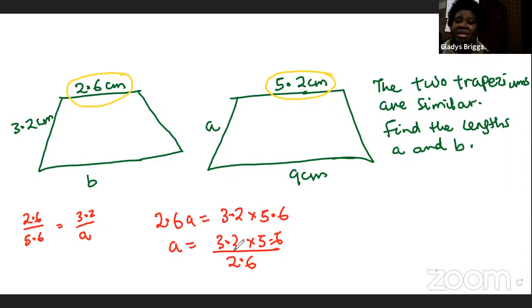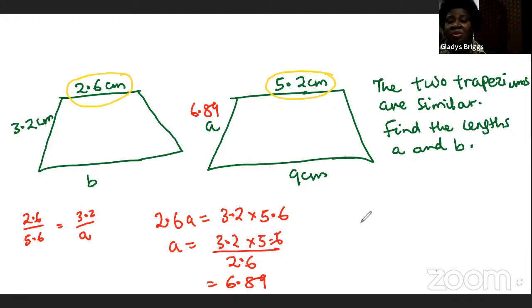Let's call it 6.89. So A will be equal to 6.89. So now that we found A, we can still use these 2 to find B, or use A and this one to find B. So let's choose one.